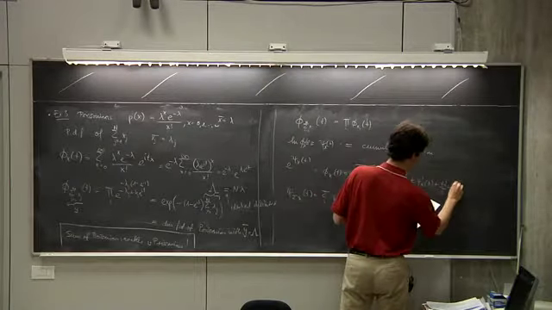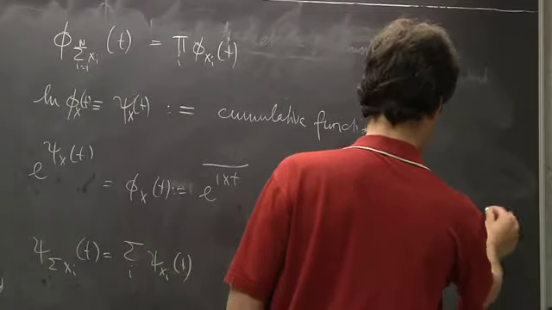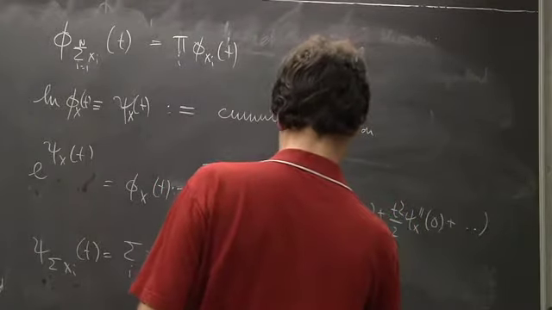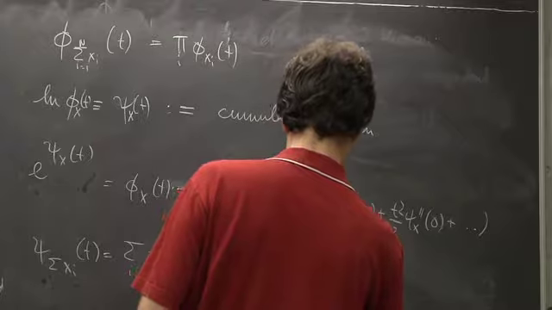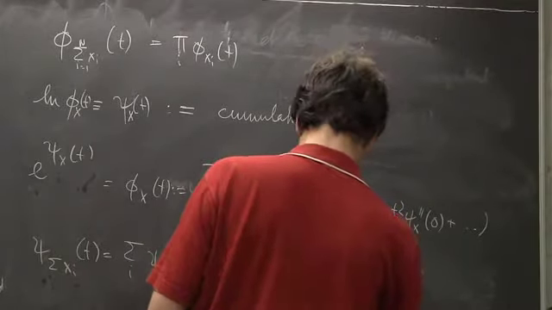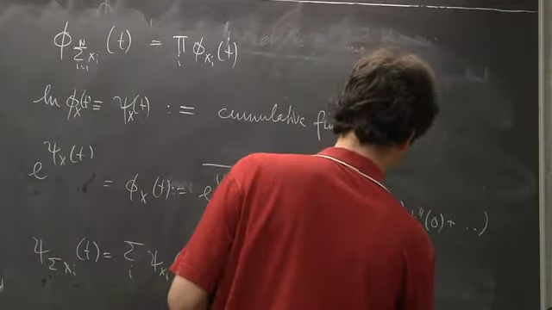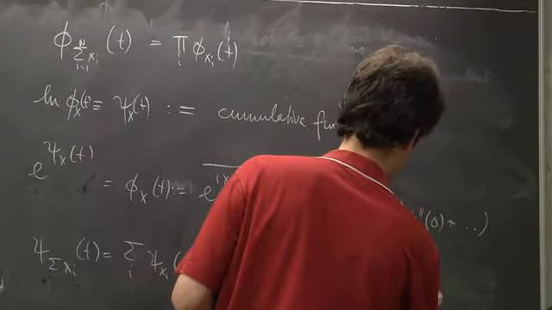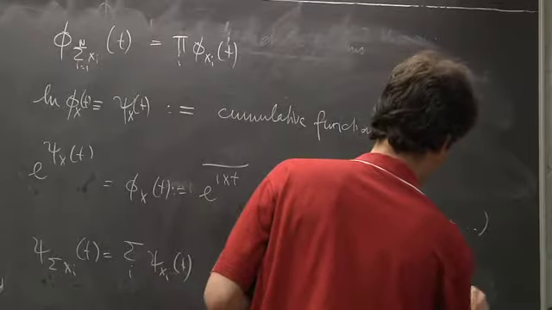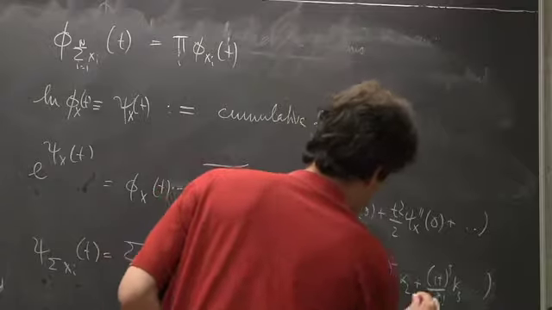You have just the Taylor series here. And what one usually does is one defines the so-called cumulants as the coefficients, properly defined coefficients, of this power series. So that's just to introduce some definitions. So these are called the cumulants.